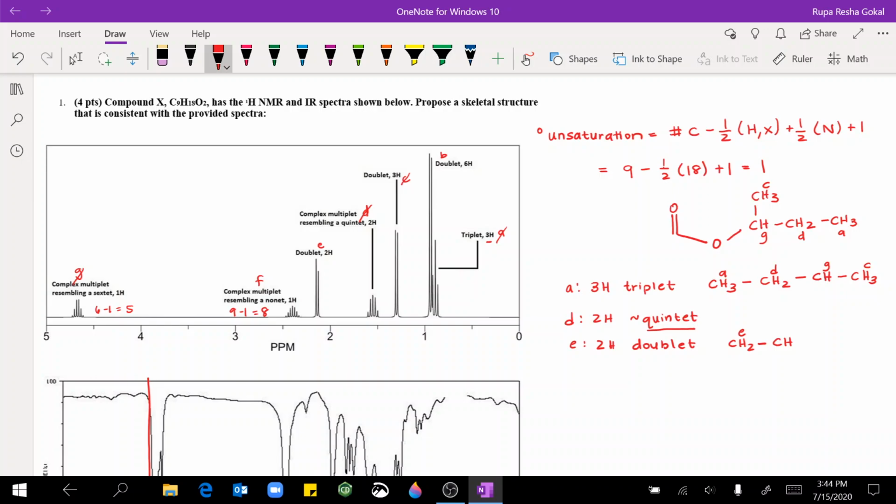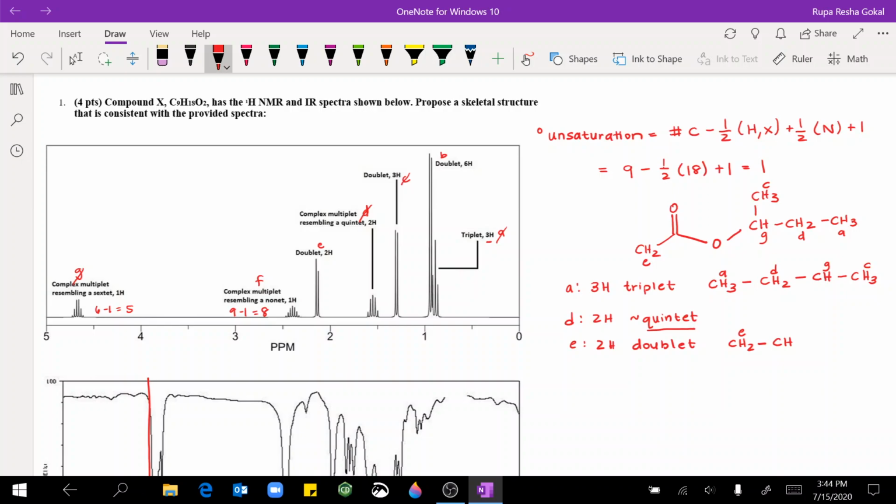And the thing on the other side of this CH2 must not have any hydrogens on it. The only atom I have left that can be next to that CH2 without any hydrogens on it is the carbon of the carbonyl. So then I should know that E is right here, CH2, and there's E.